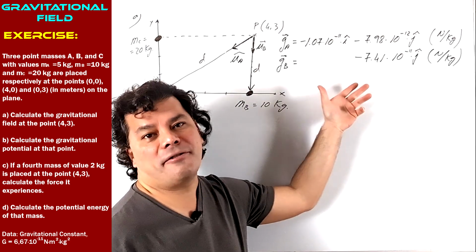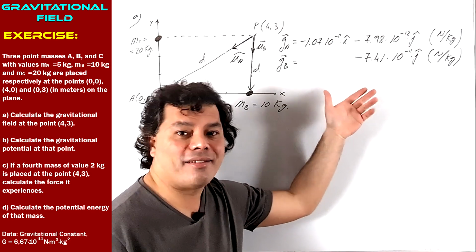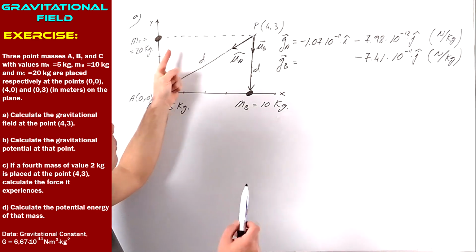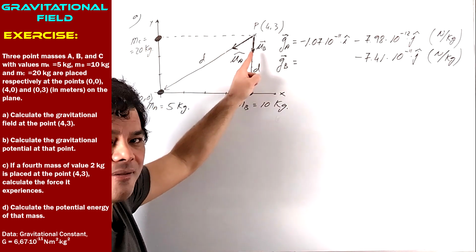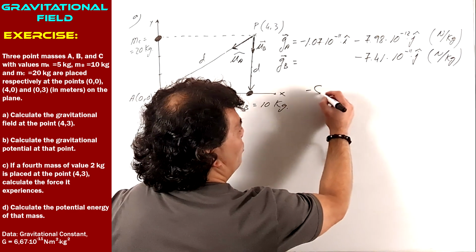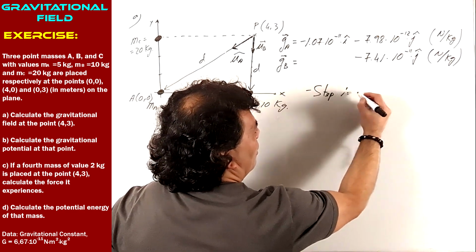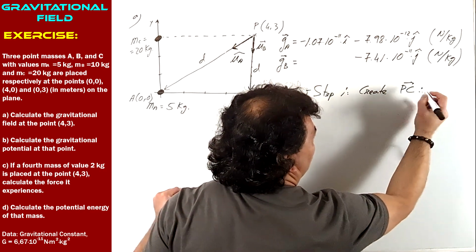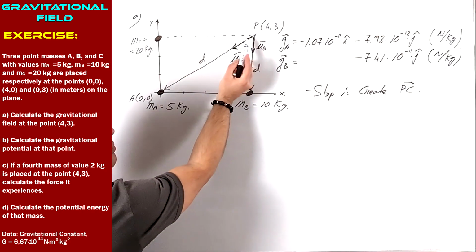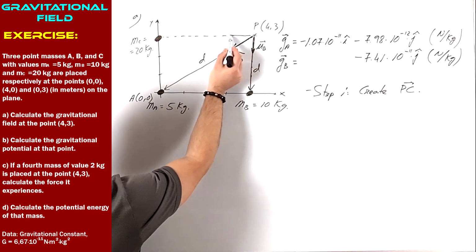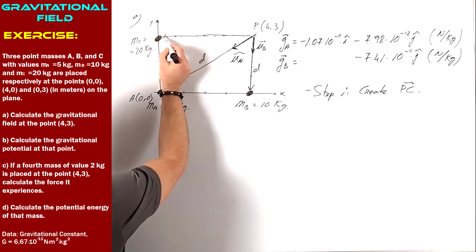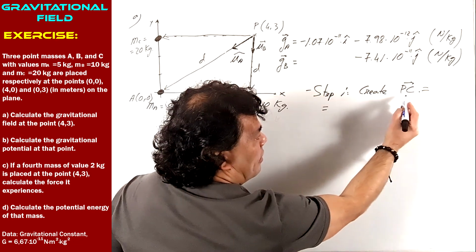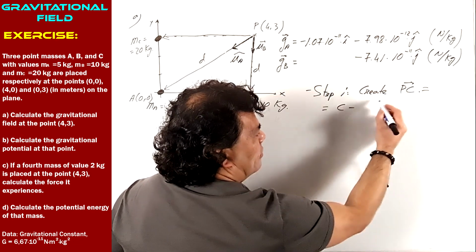Here you have the two gravitational fields that we have already calculated. And now, of course, it's time to calculate the last one, the gravitational field caused by mass C at point P. And you know, we proceed the same way. Step number 1, let's create vector PC. Don't forget that it's very important to have its origin at point P and its end at point C. This is vector PC, and we do the end minus the origin.